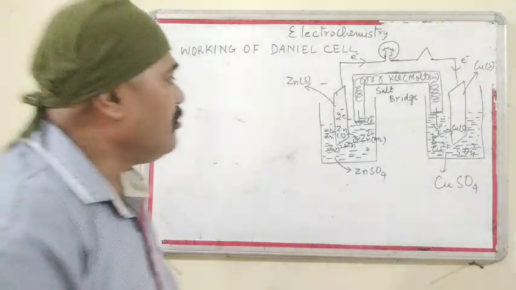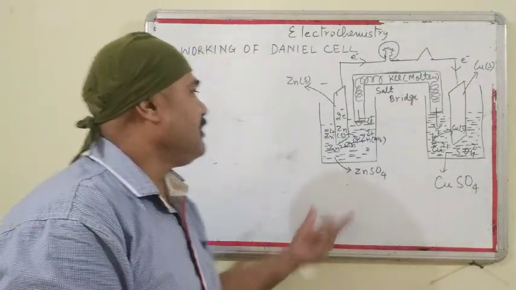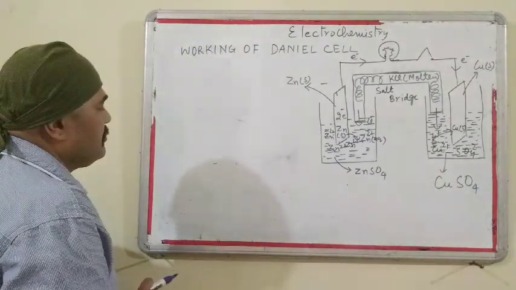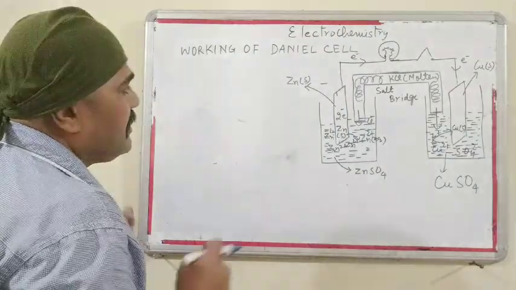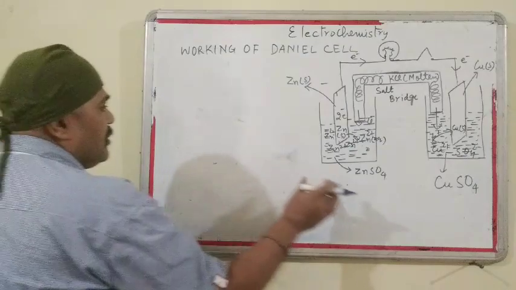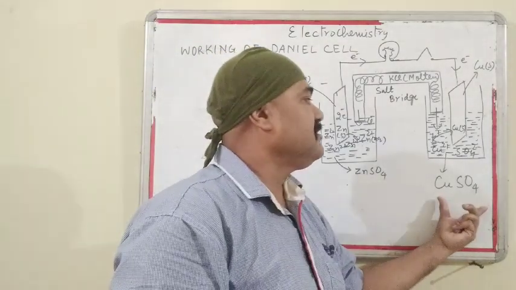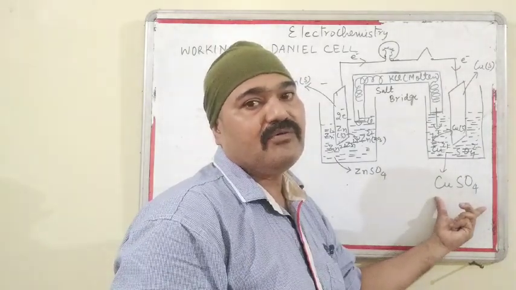Now look, this is the left section, this is the right section. Now we will see the reactions which happen in these two sections. The left section is called the anode section and the right section is called the cathode section.